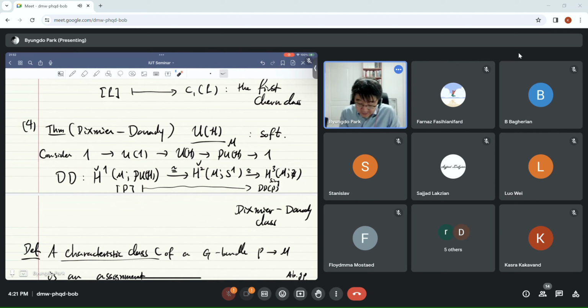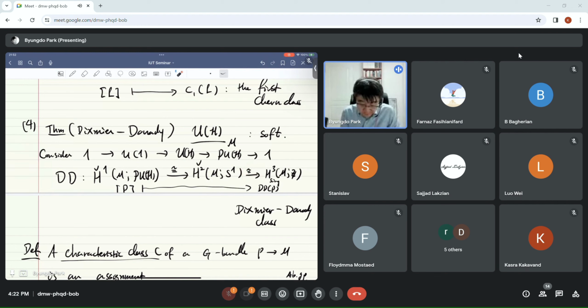And this is just coming from the sequence of Z, R, mod Z, 1. So the induced sequence from this gives this isomorphism.